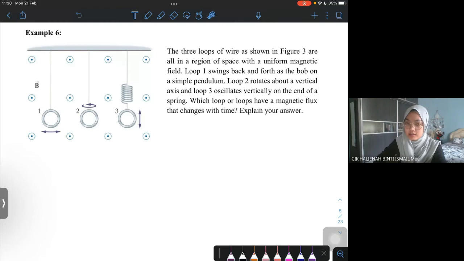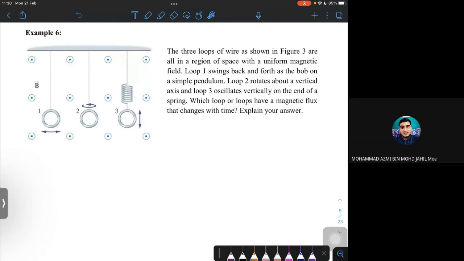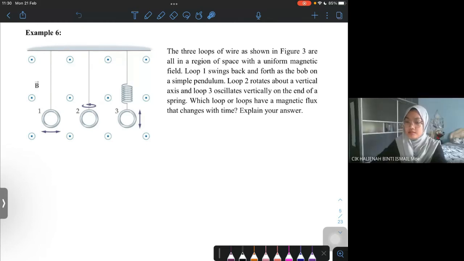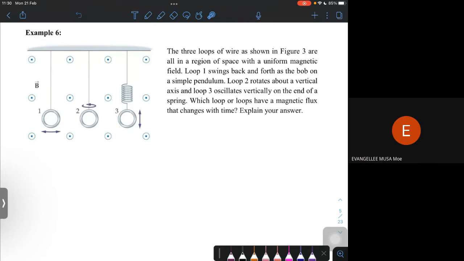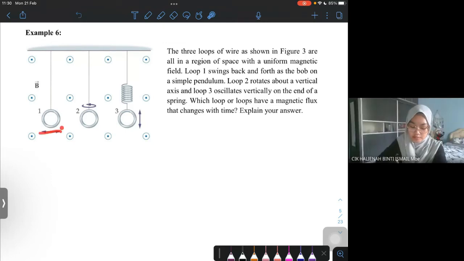Okay, yang lain? Sebab dia keep moving, Miss. Yang lain pun keep moving juga. So how do you know loop number 3 is the one that has a change in magnetic flux with time? Maksudnya akan ada d theta over dt. There is a change in magnetic flux with time.